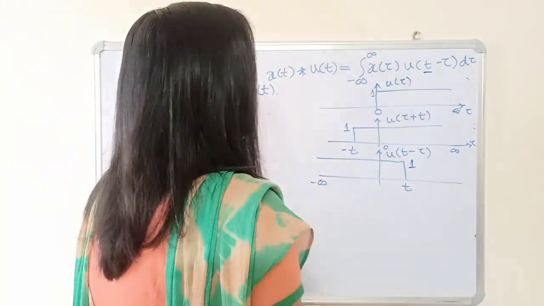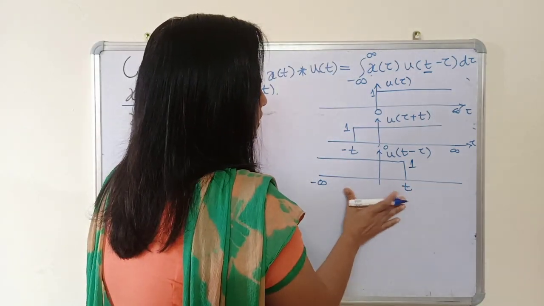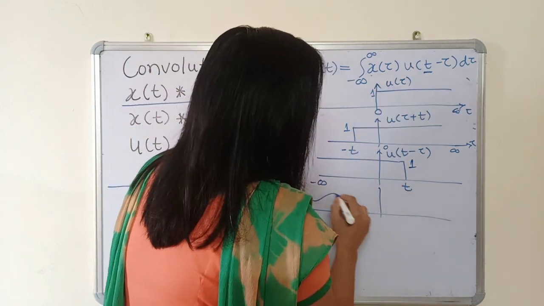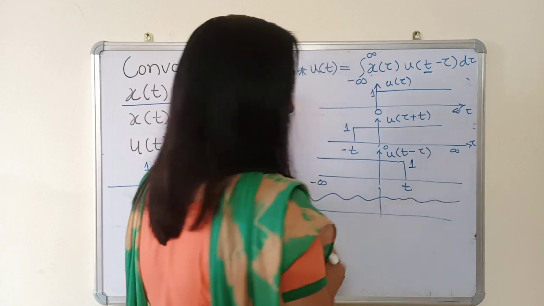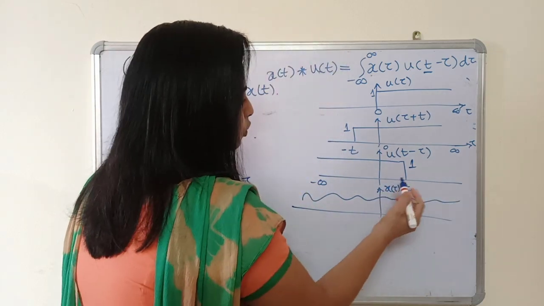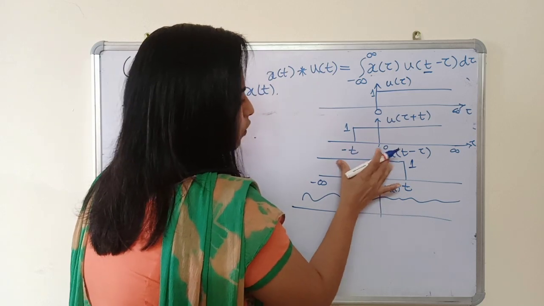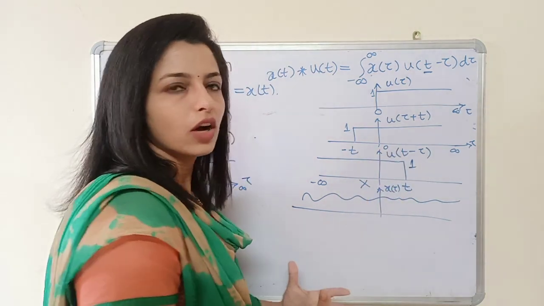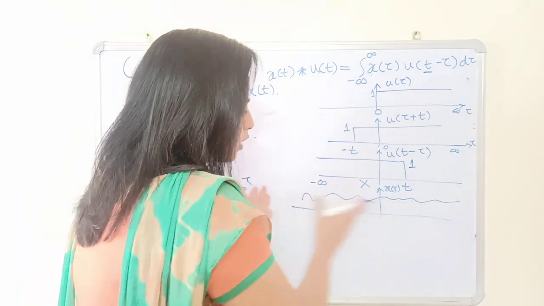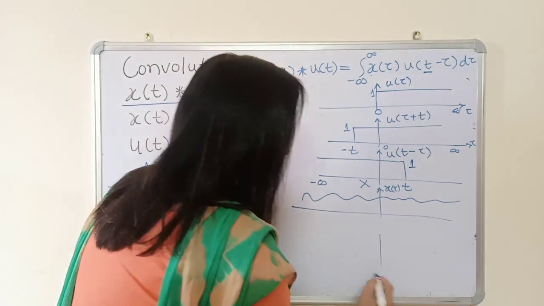Okay. So when we are going to multiply this signal with x of tau, so x of tau is, let us say, any signal. Let us write here x of tau. So when we multiply this u of t minus tau with x of tau, what are we going to get? This amplitude is 1, so these amplitudes are preserved.